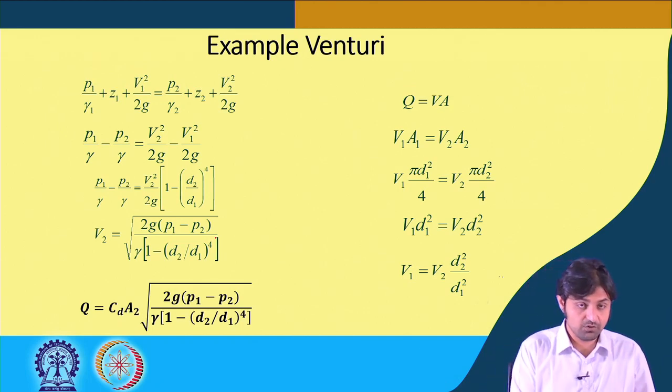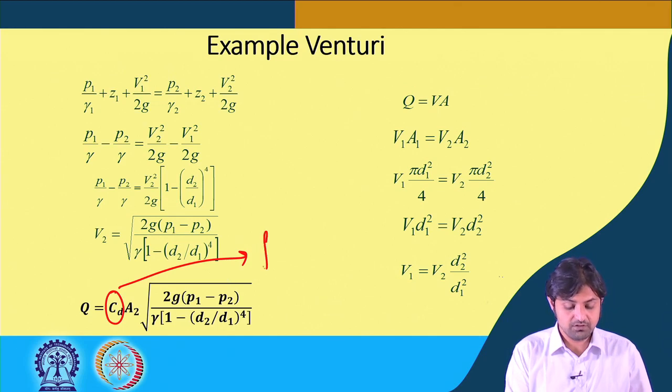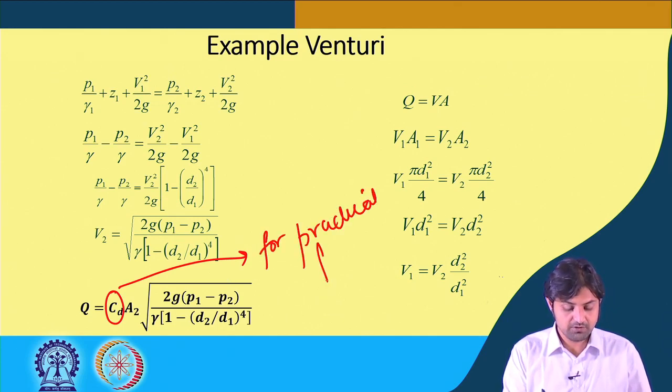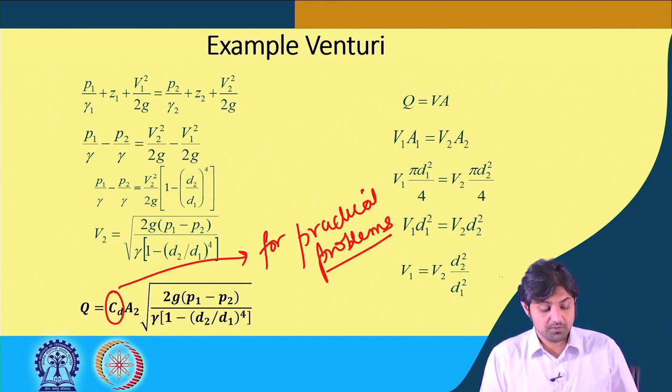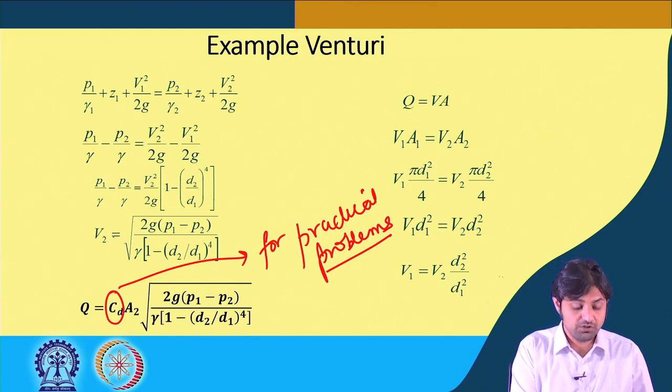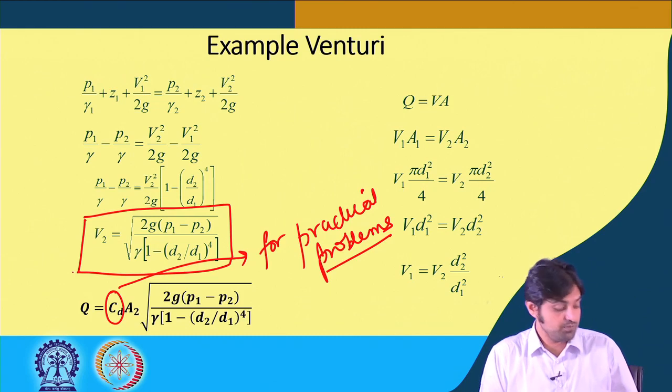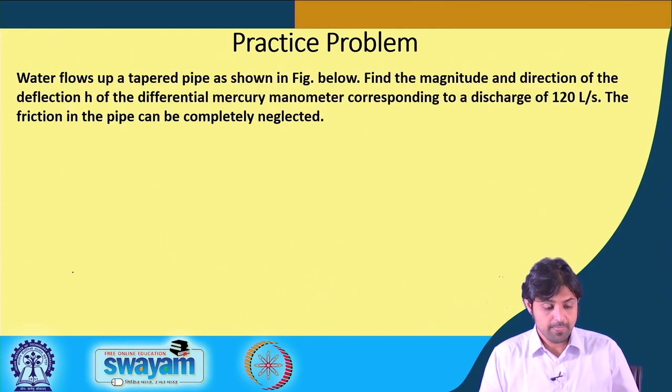Okay, we have this term Cd, that is for practical problems, a coefficient that you determine in experiments, but anyways this is theoretically the main method. Okay, P1 and P2 you can obtain from how much the fluid has risen into the tubes, all right.